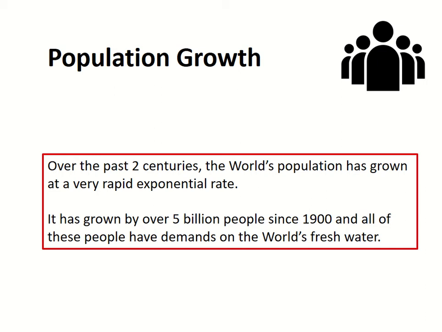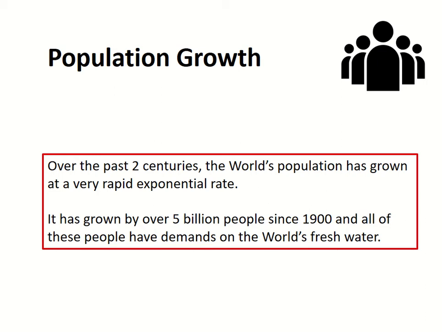And all of those people have more and more demands on the world's fresh water. Think already how many places on that map from last lesson had difficult access or physical problems accessing water resources. To then add even more people into that mix makes it very, very difficult.